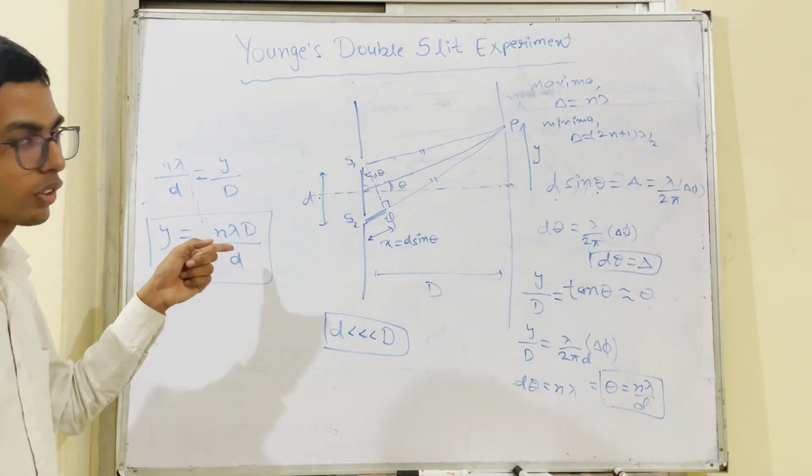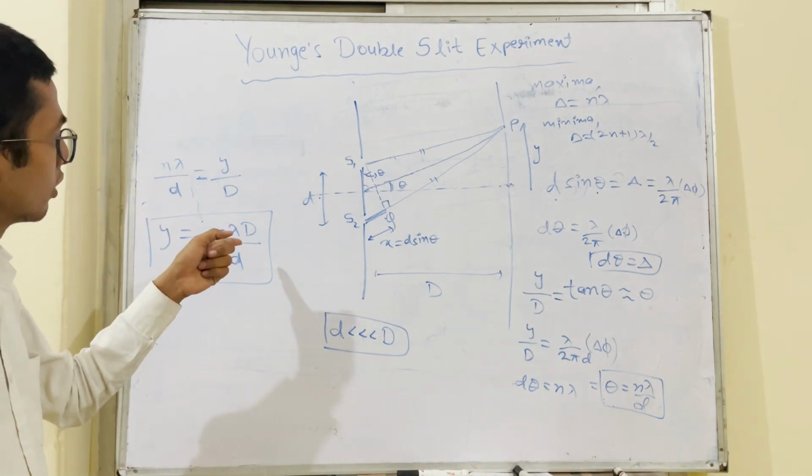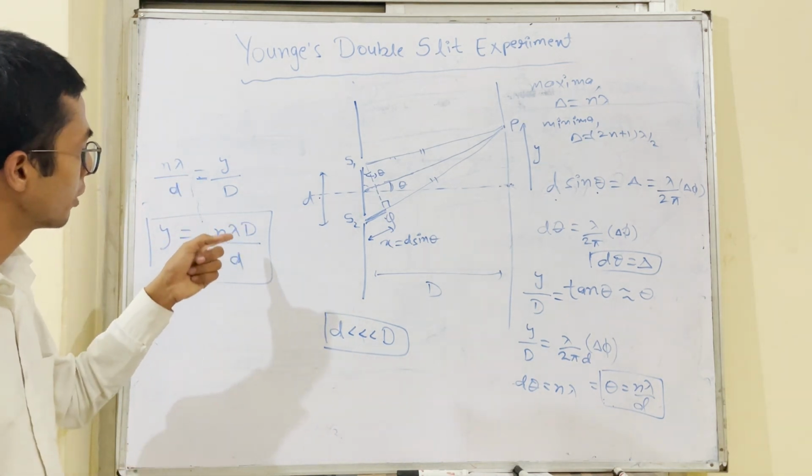If I put the value of n as 2, then the second bright fringe will occur at 2 lambda capital D by small d.